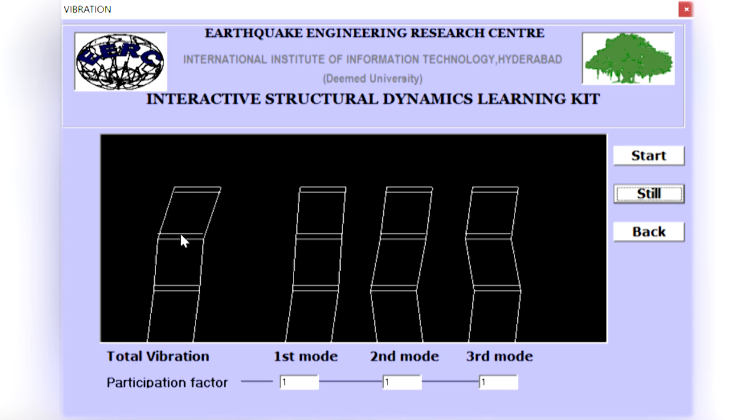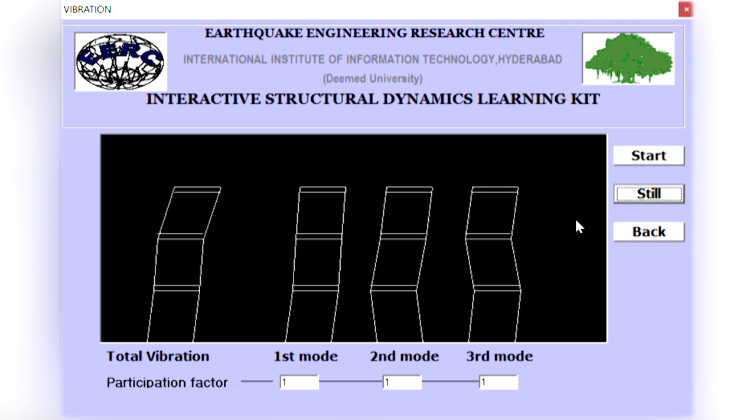Similarly for the second floor, this response plus this response plus this response, if we add all three, we will get this response at that time instant. Similarly for the first floor level: first mode first floor, second mode first floor, third mode first floor. We can add all these three things to get the floor response at that time instant.